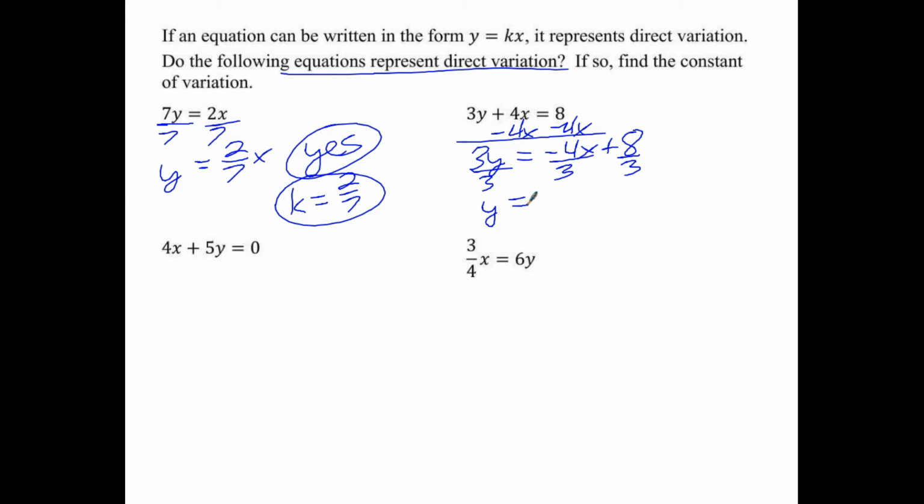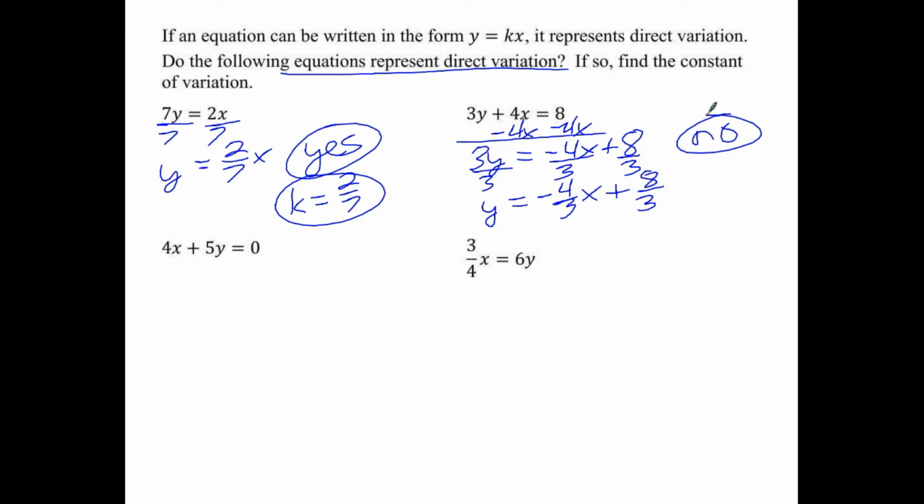Y equals negative 4/3 x plus, and we can leave it 8/3. That's fine. So there's fractions there. Big deal. Okay? Don't throw up all over yourself just because there's fractions. It's not that bad. Is this direct variation? No. So you just say no. Circle it. Move on. There's nothing more to do.